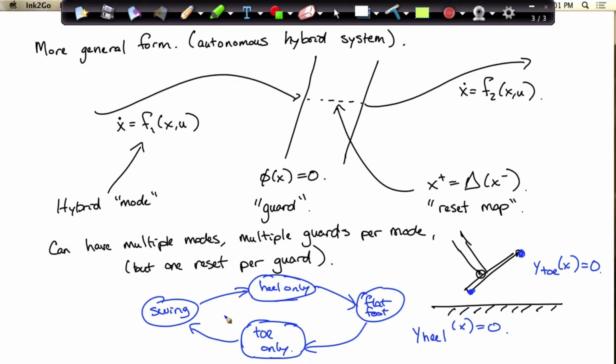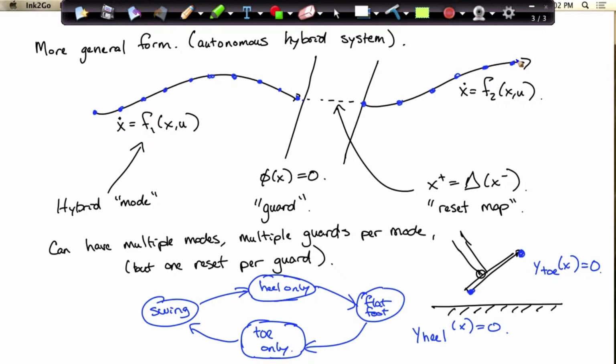So you can imagine transcribing this into a trajectory optimization problem. If I were to enumerate some points and say I'm going to have, let's say, 10 knot points in mode 1, and then I'm going to have this jump, and then 10 knot points in mode 2, and then maybe I have another jump.